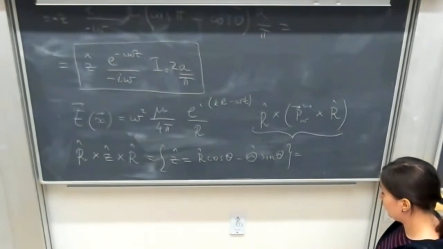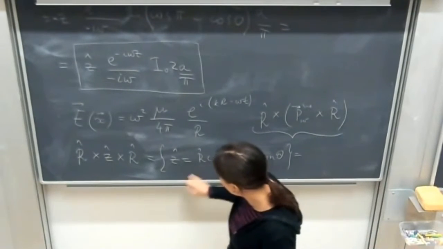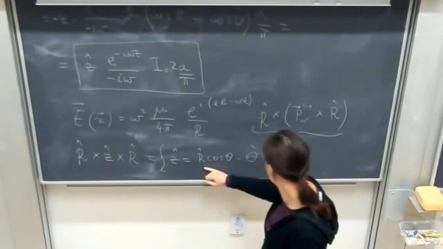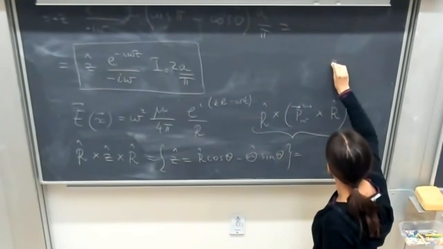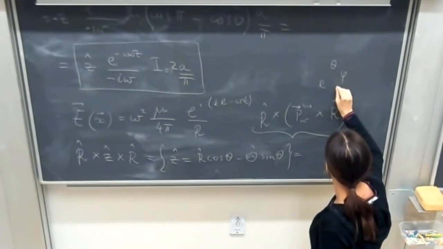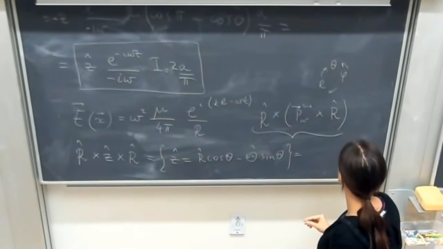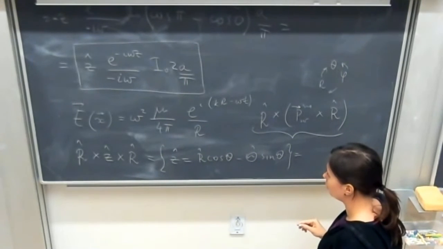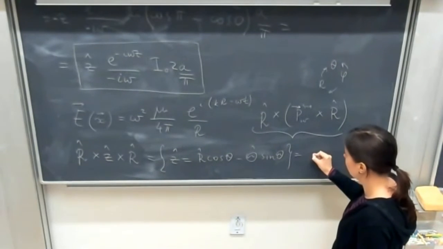And now the cross product. So the cross product of R and z. So how is it? Theta, phi, and R. So the cross product R and theta is phi.